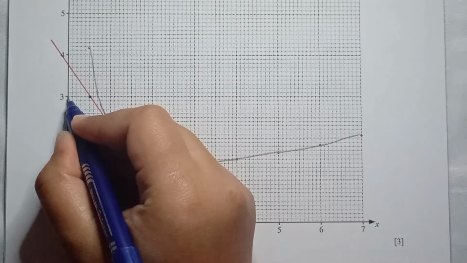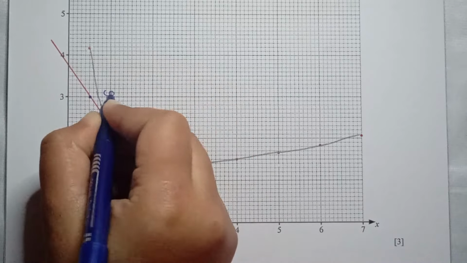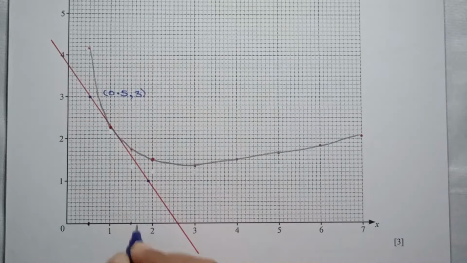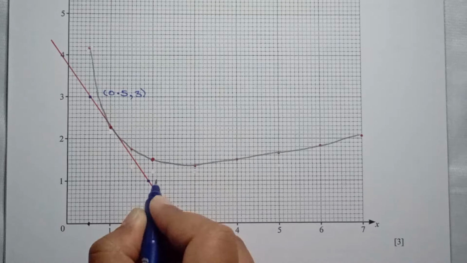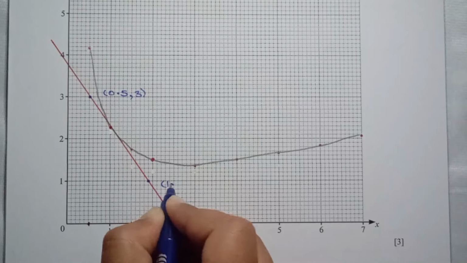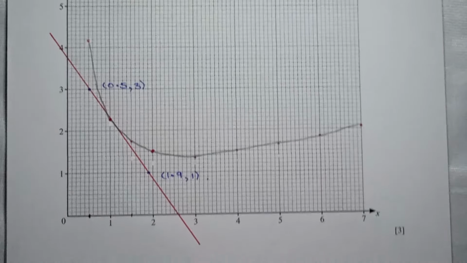X is 1, 2, 3, 4, 5. So this point is 0.5 and 3. And this point, when y is 1, what is x? X is 1.9 and 1.